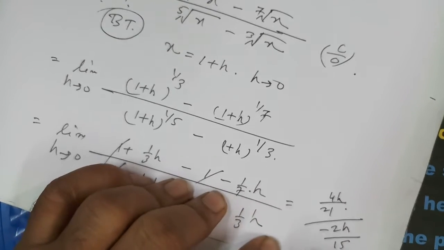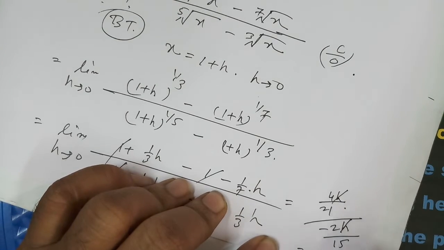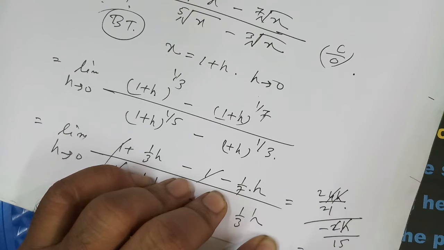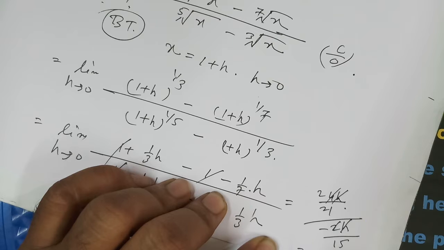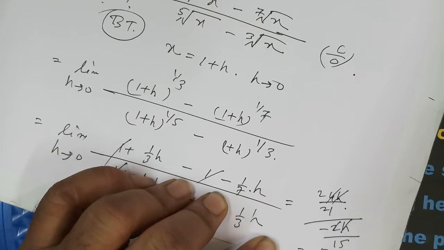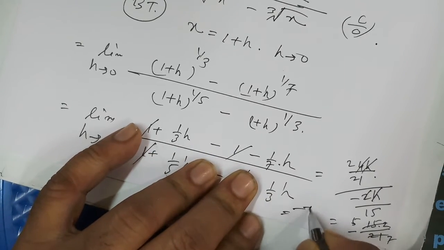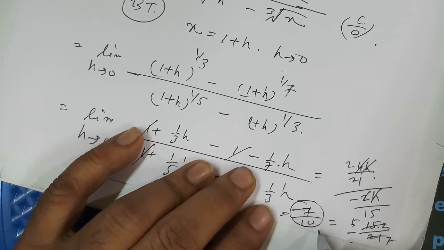The h cancels, the 2 cancels, and this will be 15 upon 2 times 2 upon 21, and 3 5 15, 3 7 21, minus, and this will be minus 5 by 7.